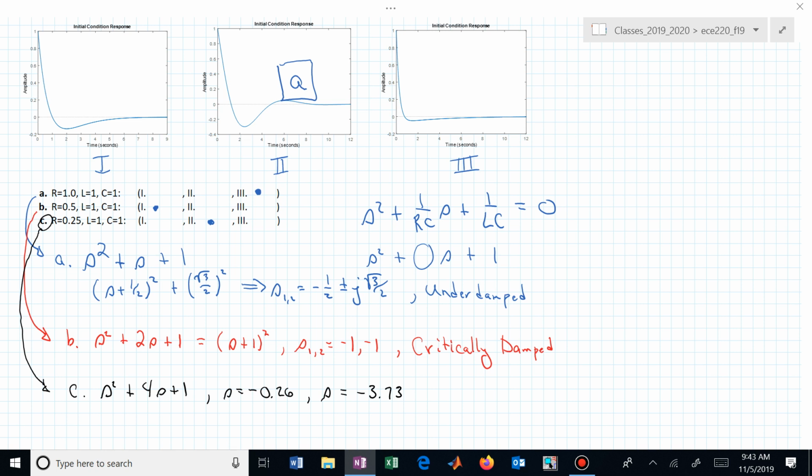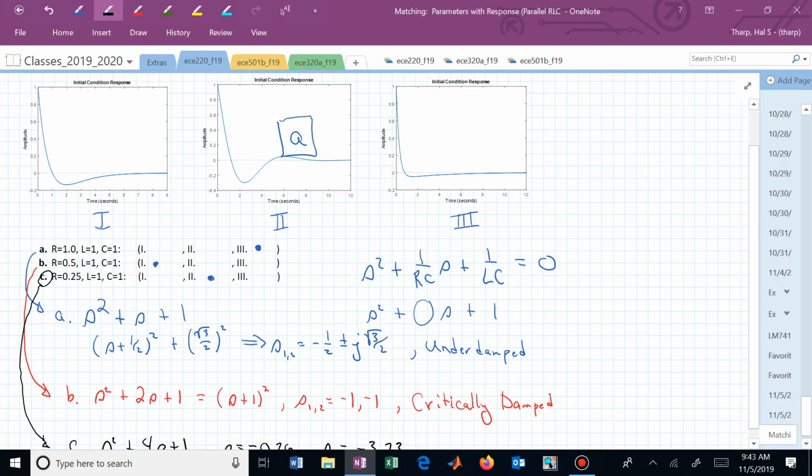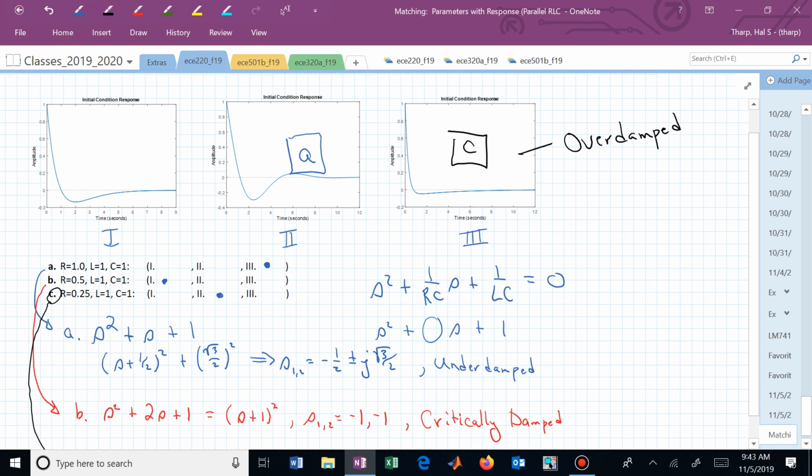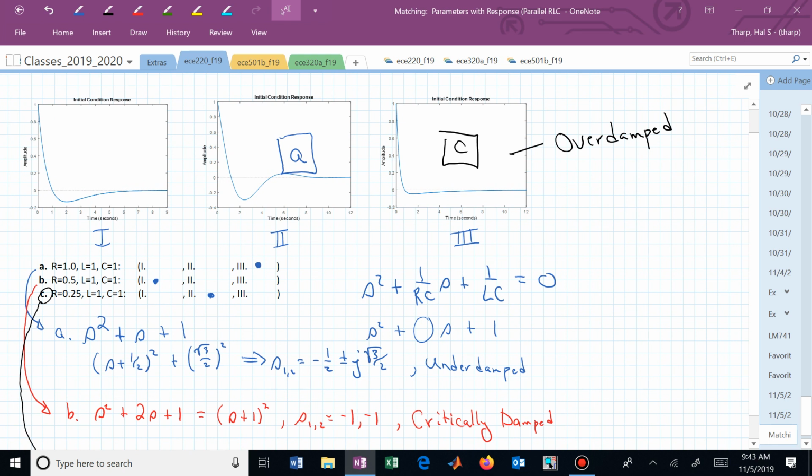That one's maybe a little more challenging to think about, but in fact, 3 is C. This one is the overdamped, and this one has that nice response. This one is now critically damped. So what color was that?